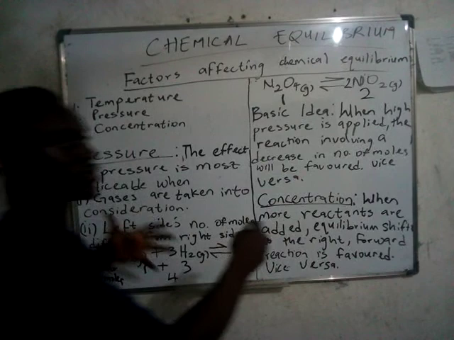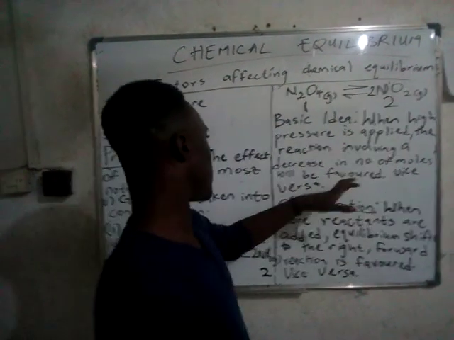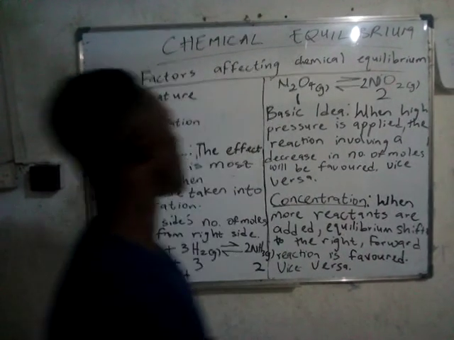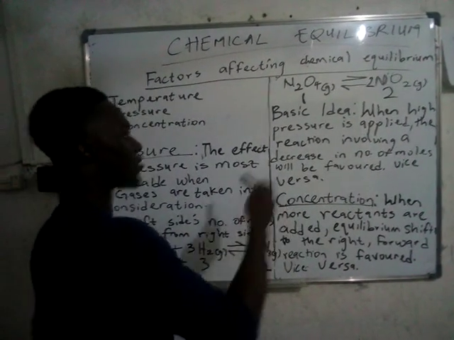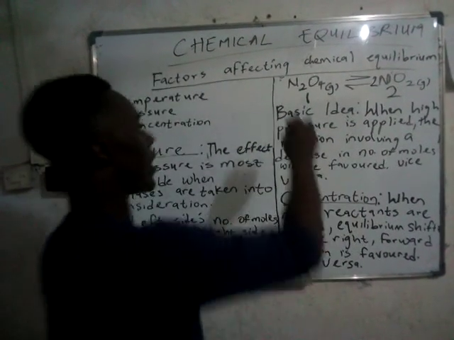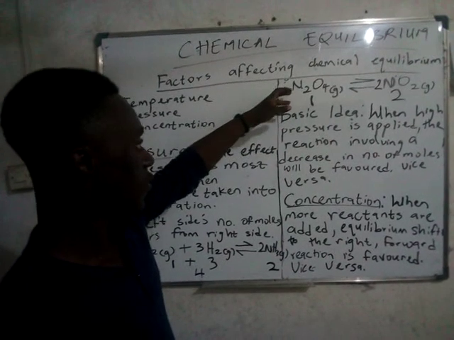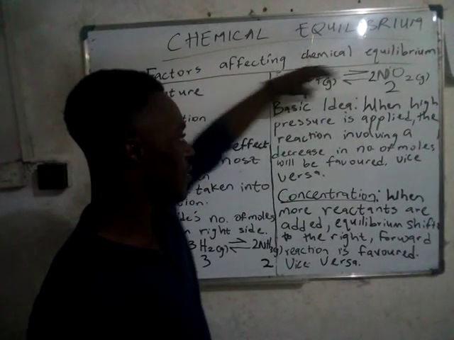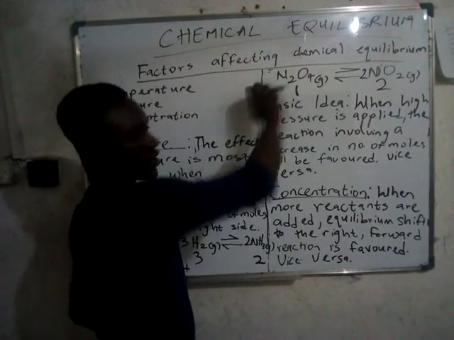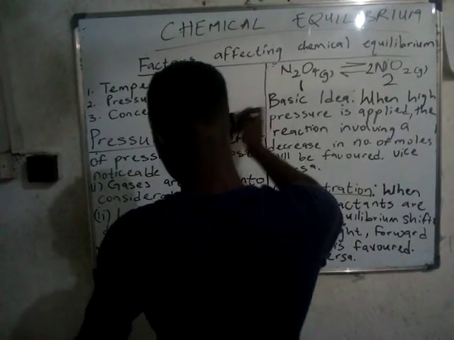Now, looking at the other side, the reversed scenario, so to speak, which is the vice versa written here, I need to understand that when high pressure is applied on this reaction, instead of the forward reaction being favored, it is the backward reaction that is going to be favored.